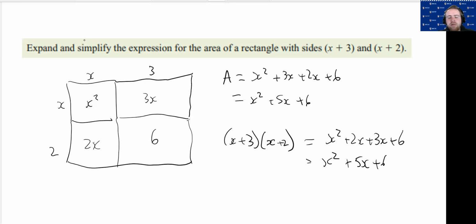Okay, so this is just a visual way of understanding what a binomial expansion is. We can think of area because areas naturally make a product because it's length times breadth. So if we want to show a binomial product, we could use area as an example. Okay, but algebraically, that works exactly the same.